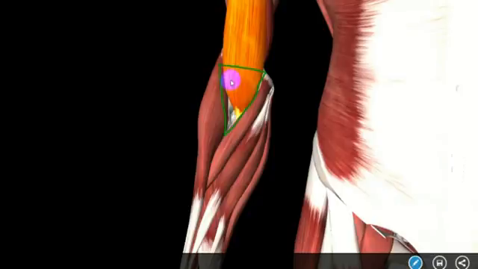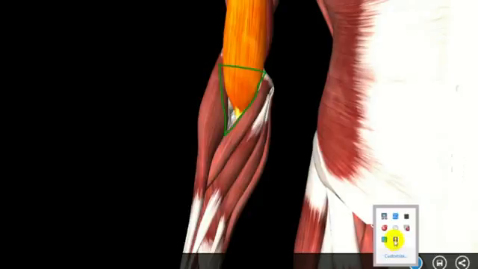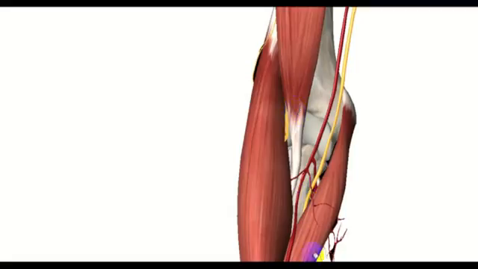So let us now get to the contents of the cubital fossa.